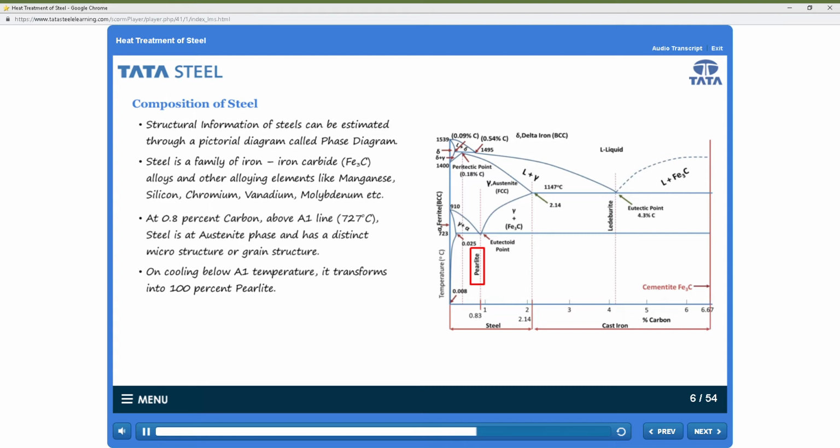Cooling a composition less than 0.8% carbon above the A3 line, structure would be different, as we would come across pro-eutectoid ferrite at austenite grain boundary and pearlite in rest of the grains. Hence, it is evident that if we change the composition, structure would change accordingly. Click Next to proceed to the next screen.